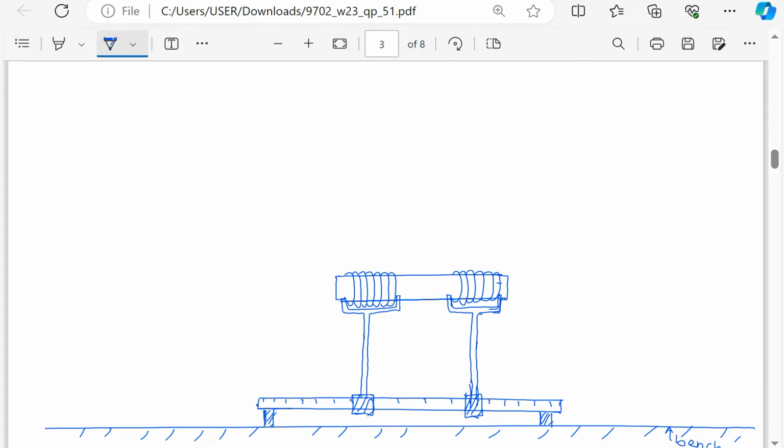Okay, so this is coil D and this is going to be coil C. For this coil here, I'm connecting it to a CRO, which I'm putting this side.